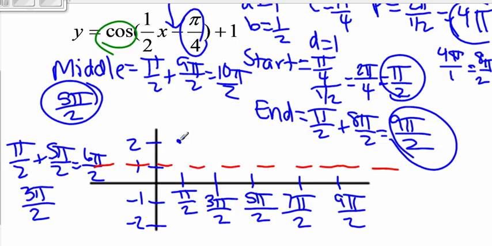And then down to the center line, then down 1, back up to the center line, and back up 1. There would be my shifted graph. So that's both vertically shifted and horizontally shifted.